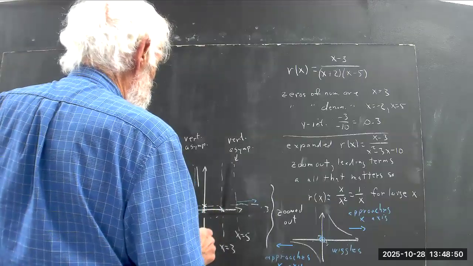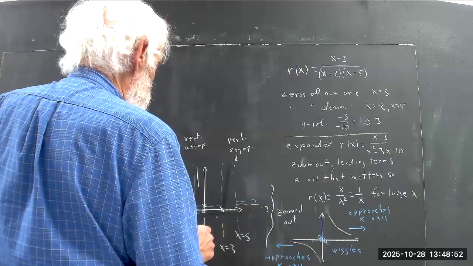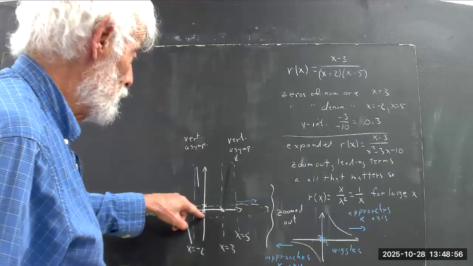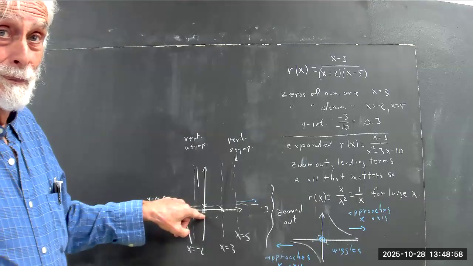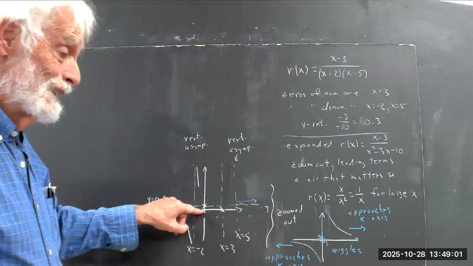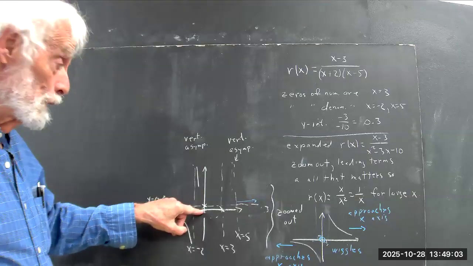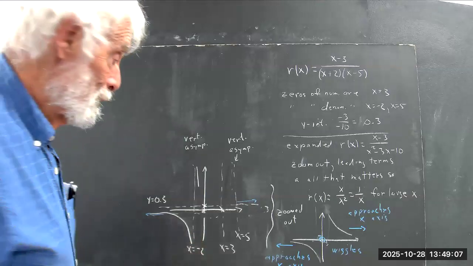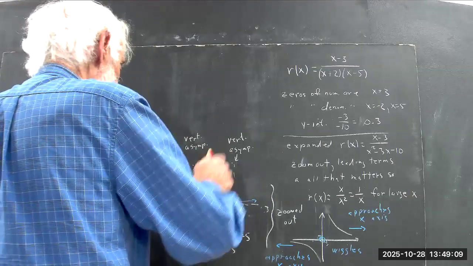Another thing I did was I went right through the x-axis to get to that y-intercept, right? But the function isn't 0 there. It's only 0 when x equals 3. So I made a bonehead error there too.